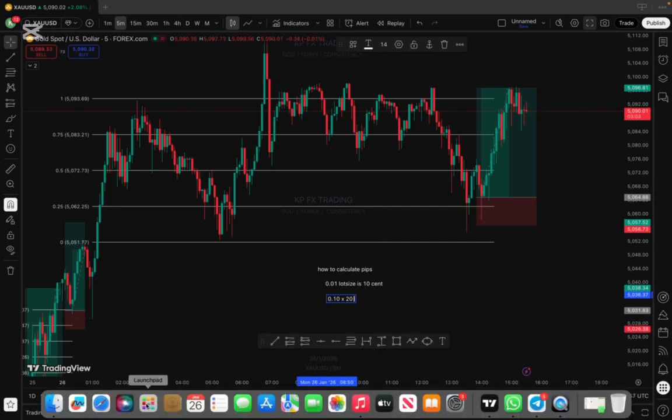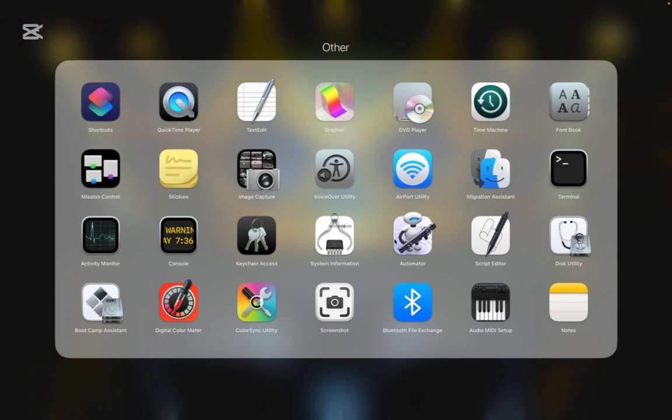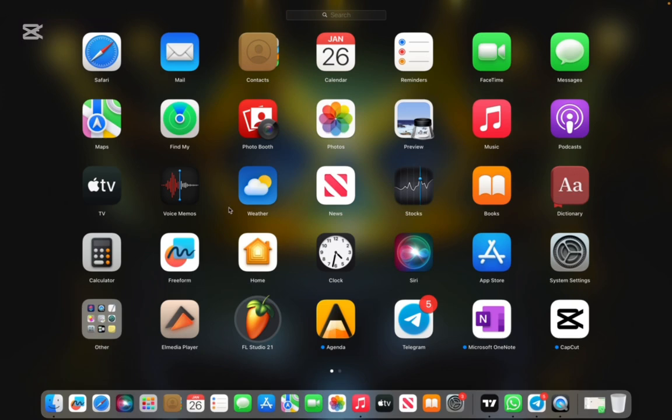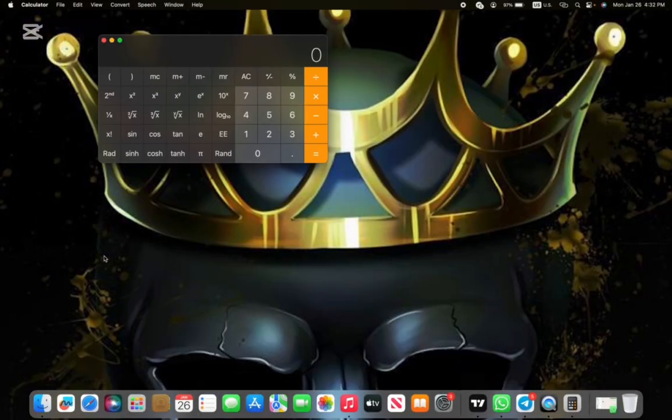Let me check my calculator. Okay, what did I say just now? 0.10 times 20 equals 2. Let's say you are using 0.01 to trade.